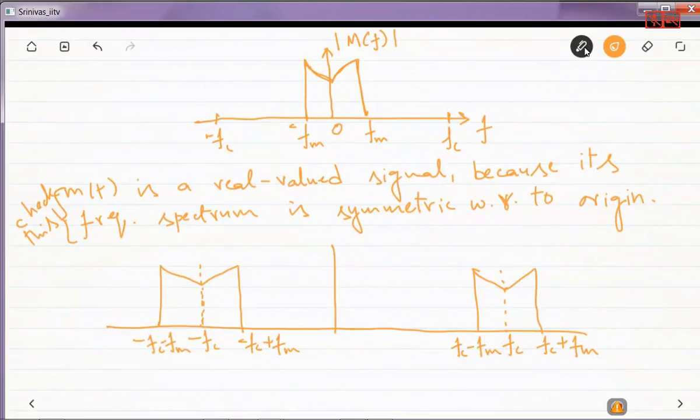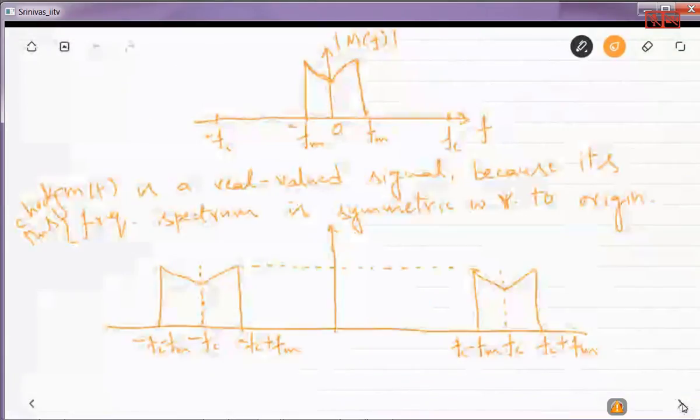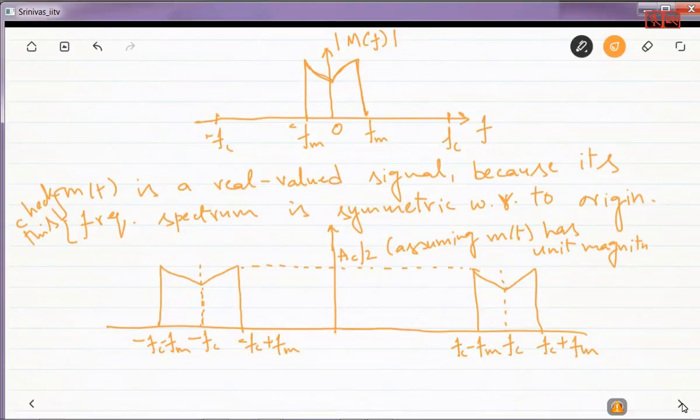Of course, the magnitude should get reduced. Let's consider the magnitude of m of t to be 1, and the carrier amplitude is Ac, then this magnitude would be Ac by 2, assuming m of t has unit magnitude.